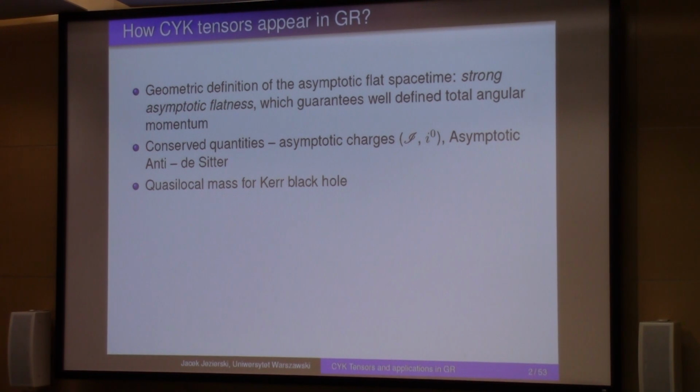so there are some points here how those objects appear in GR, and maybe I will not read even this because I have not so much time, but let me say that a problem of asymptotic flatness is a well-known problem.